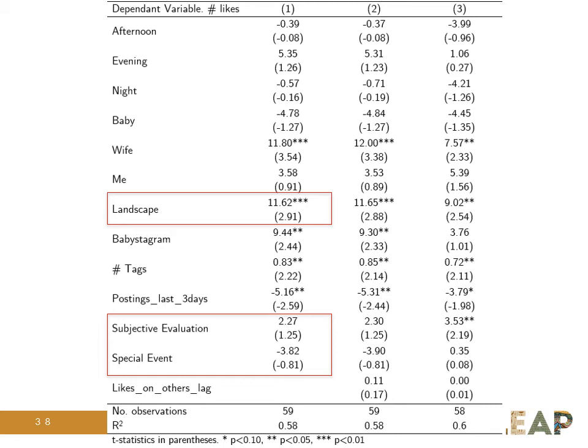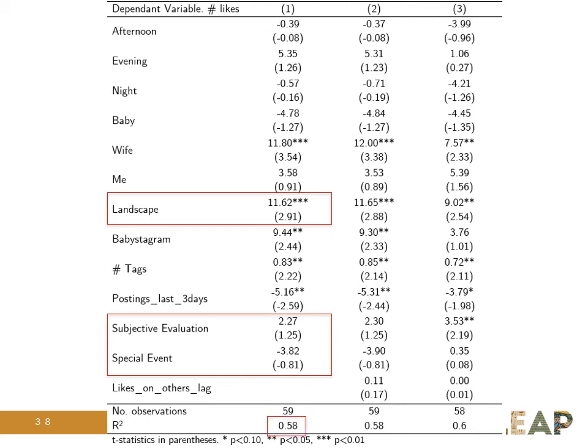Other things like landscape, having wife, having hashtags are more important. And whether it's a special day or not is not important. The characters that are in the photos are more important than whether it's a ceremony or wedding or other things. That's the conclusion I get.